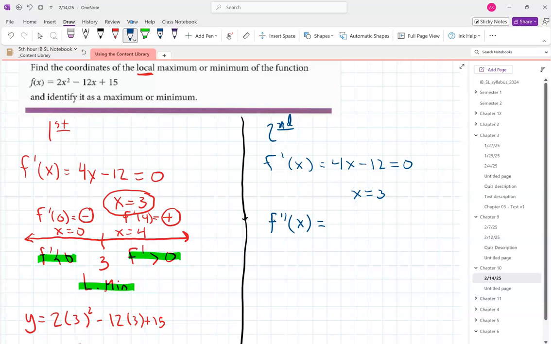What's the derivative of 4x minus 12? 4. And I know that f double prime of 3 then is still equal to 4. And since that's greater than 0, that tells me that this is a local minimum. To find the y coordinate for that local minimum, I will plug 3 back into the original function.